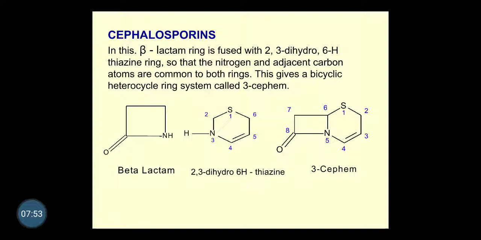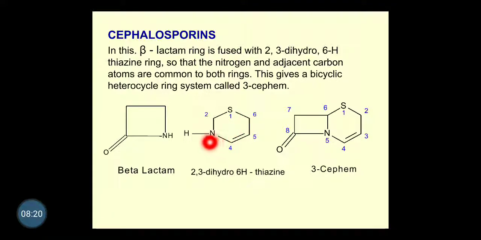So we are talking about the cephalosporin types of antibiotics. It is again a beta-lactam antibiotic, but it is a fusion of beta-lactam with the 6-membered 2,3-dihydro-6H-thiazine ring. In penicillin types of antibiotics, the 4-membered beta-lactam ring is fused with the 5-membered thiazolidine ring.